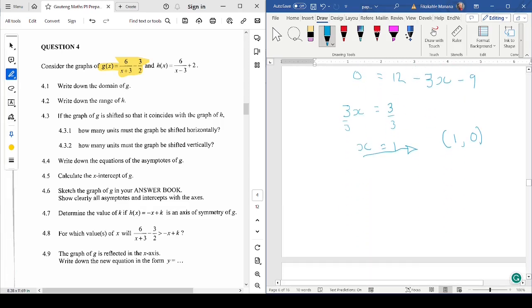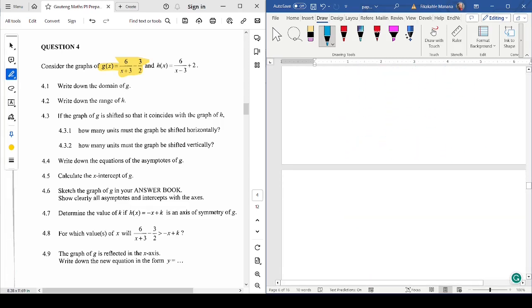Well, let's move on to the next question, which is sketch the graph of G. Right, so this is now 4.6. Before we sketch it, we need the y-intercept as well. So we're just going to say let x equal 0.